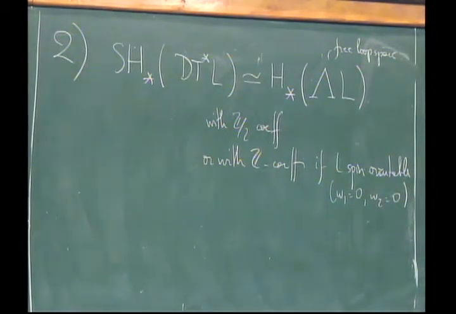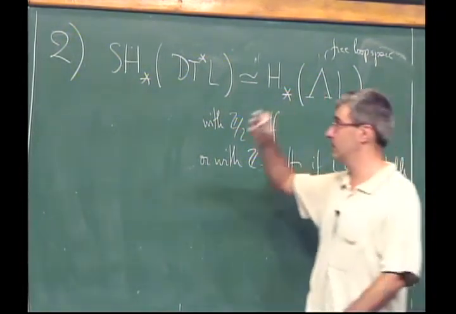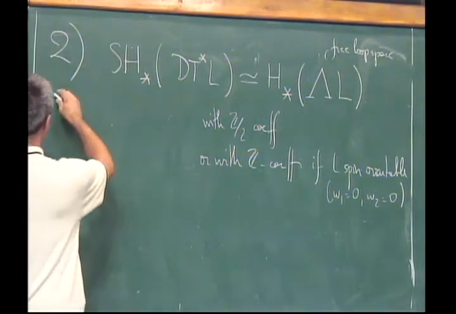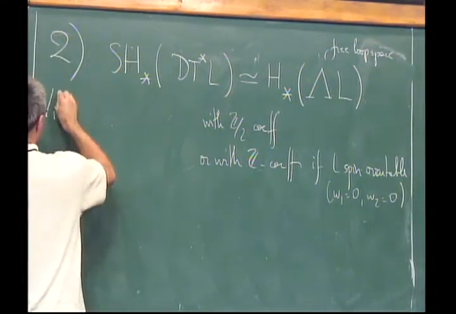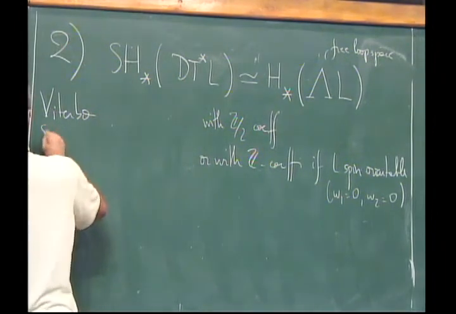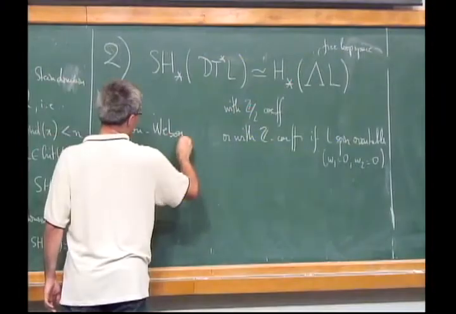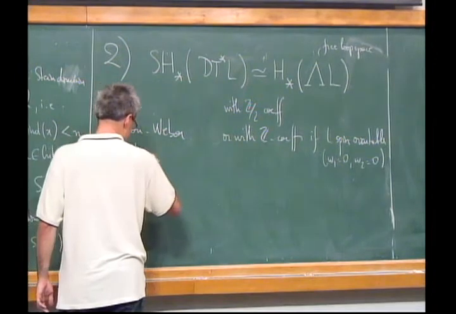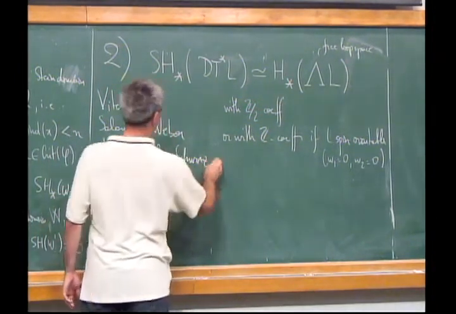Yeah. But what I'm going to use here now, I have to quote people because everyone is in the room here. So this is Viterbo, and then Salomon Weber, and then Abbondandolo Schwarz, right?